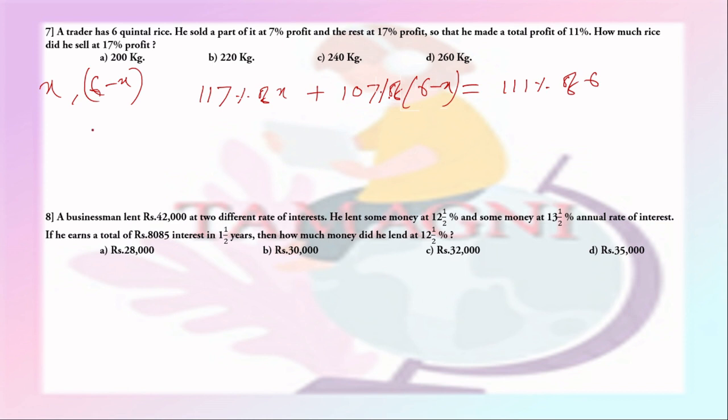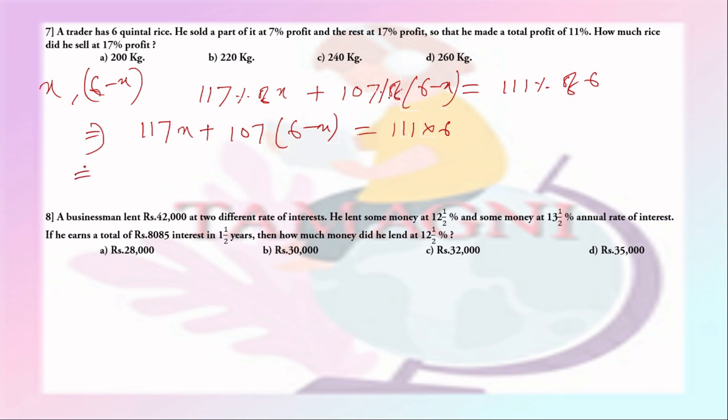So from here we get 117x plus 107 into (6 minus x) equal to 111 into 6. We have cancelled the 100 from both sides.